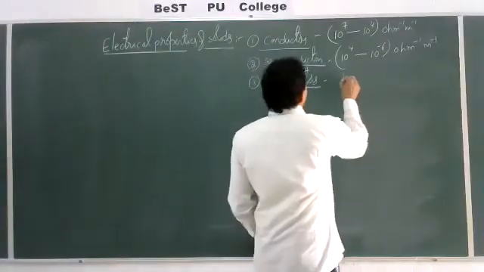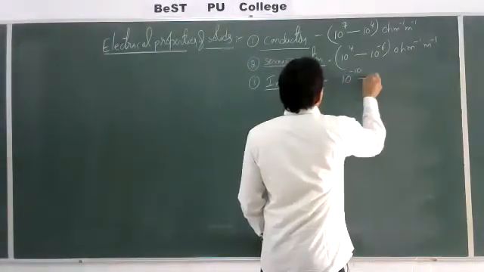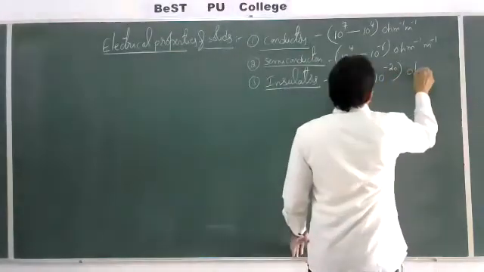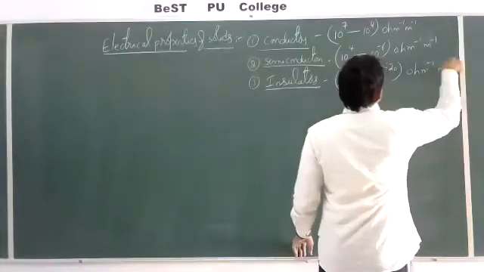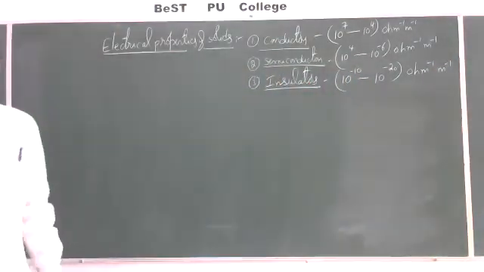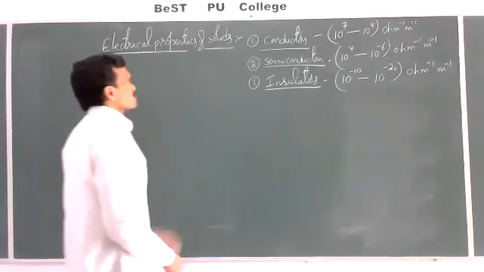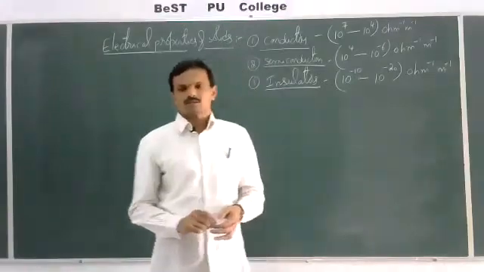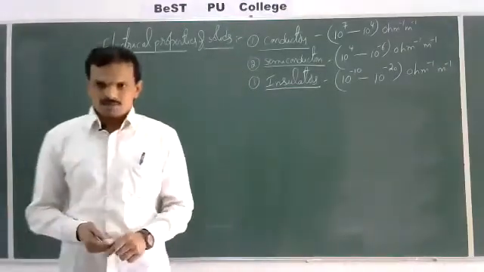If the conductivity lies between 10 power minus 10 to 10 power minus 20 ohm inverse meter inverse, then these are considered as insulators. So the order of conductivity is conductors greater than semiconductors, and semiconductors greater than insulators.